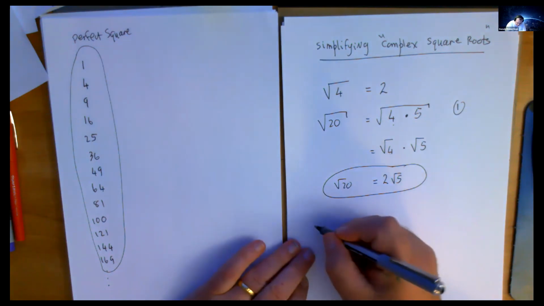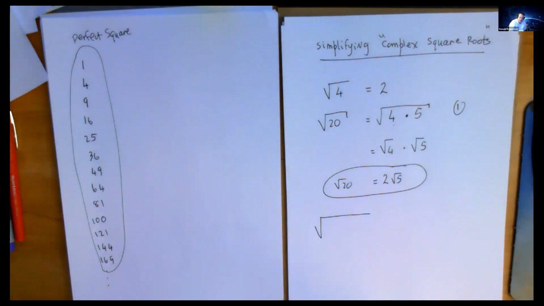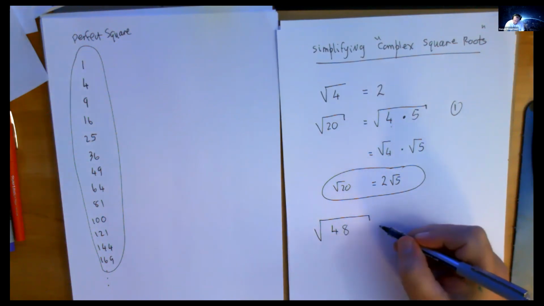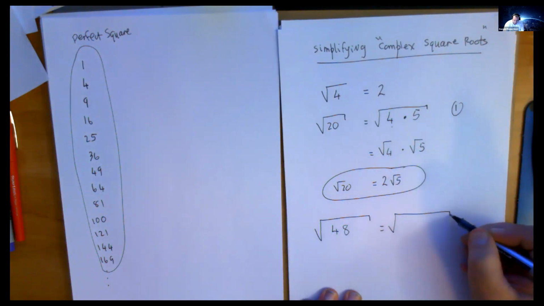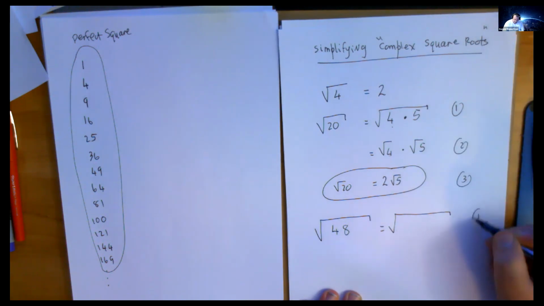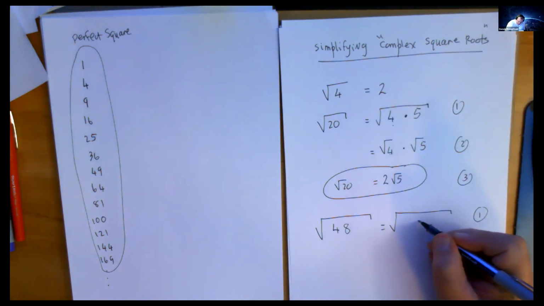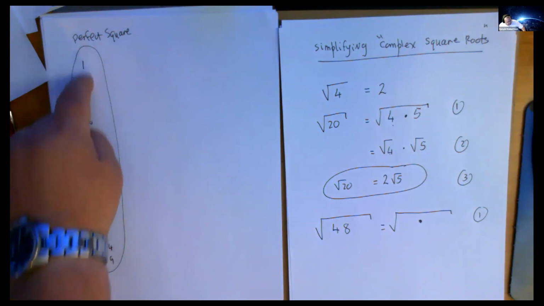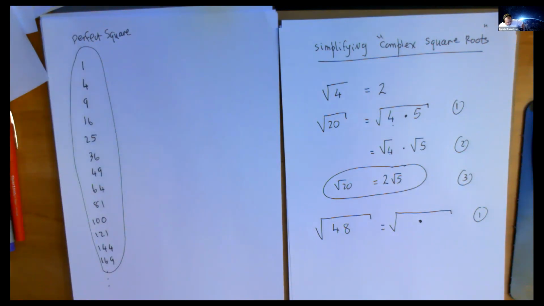Let's try another one. Suppose I was wanting to do, let's find out, square root of 48. So it's like a 3-stage process. Stage 1. I need two numbers that multiply together that give me 48, and one of them has to come from the perfect squares.